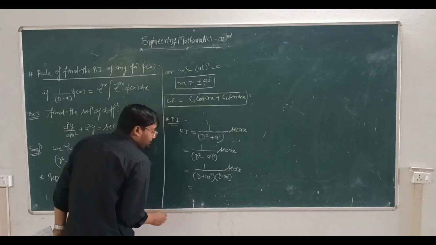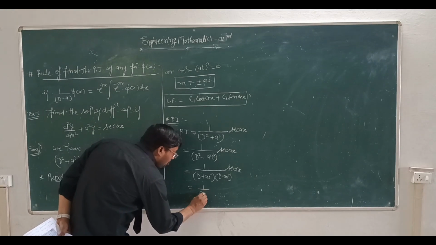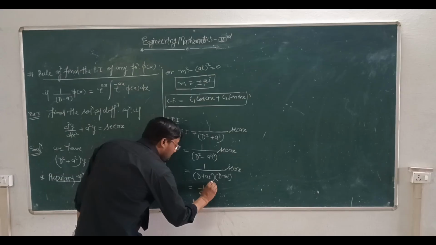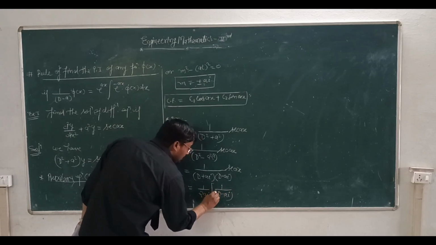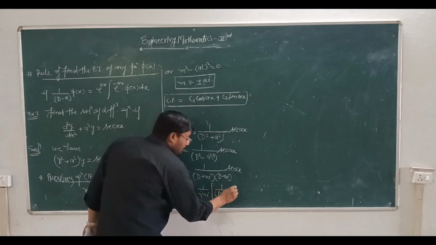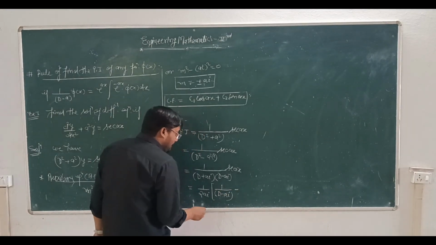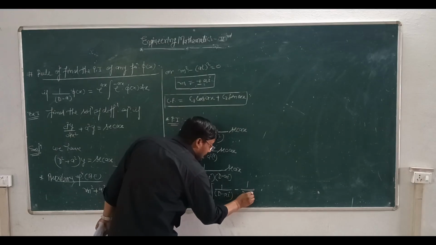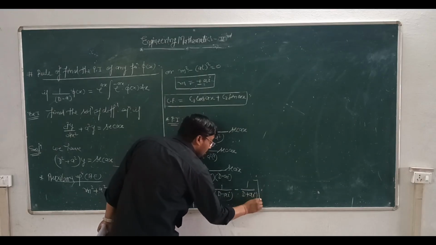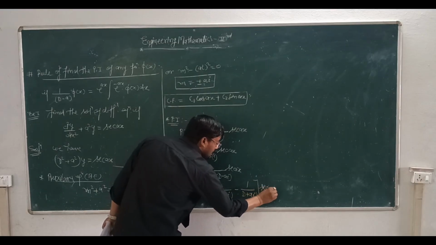Now you can write 1 upon 2ai, 1 upon D minus ai, minus 1 upon D plus ai, sec ax.